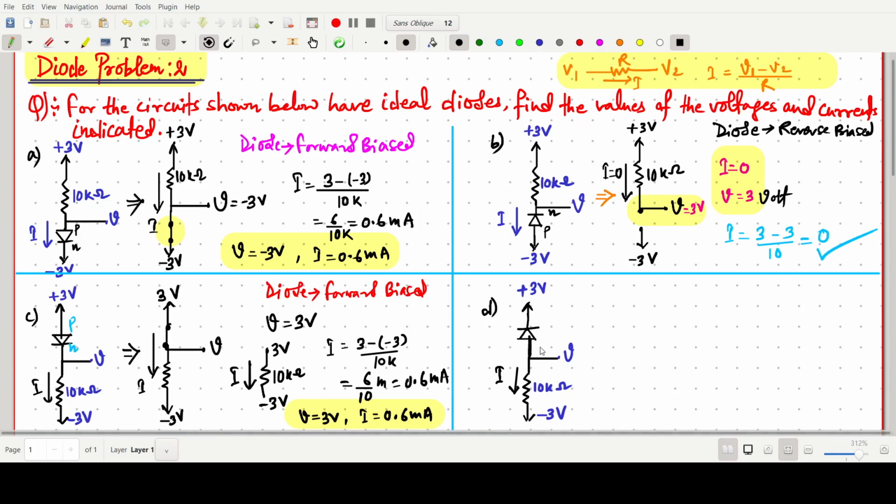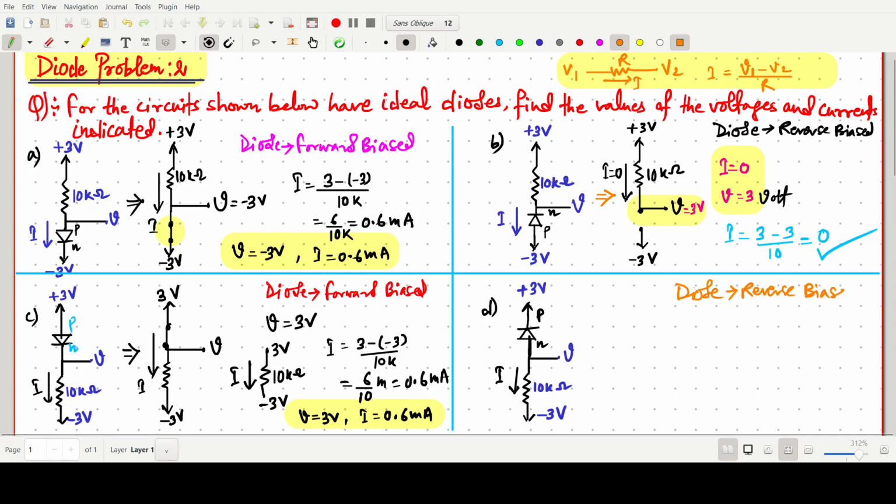So here this one is P and this one is N. P is connected to negative, so here we can say the diode is in reverse bias.